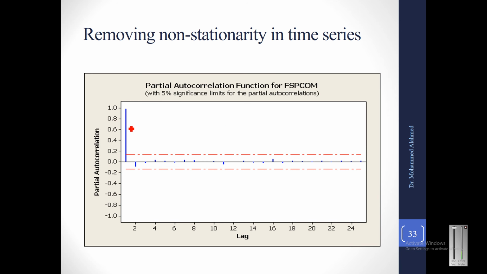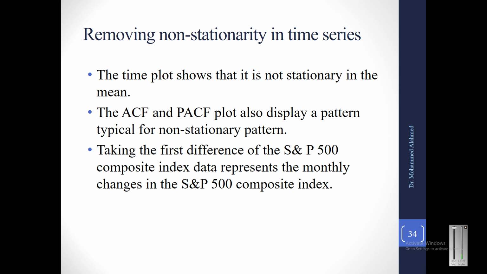And the partial autocorrelation for lag 1 is close to 1 and all others are close to 0. This shows that the data is non-stationary. The time plot also shows that it is non-stationary, and the ACF and PACF display a pattern typical of non-stationarity.